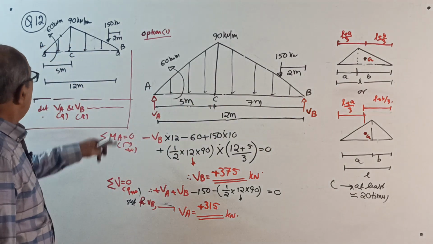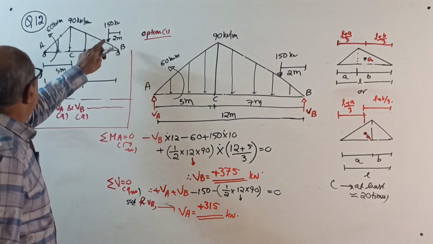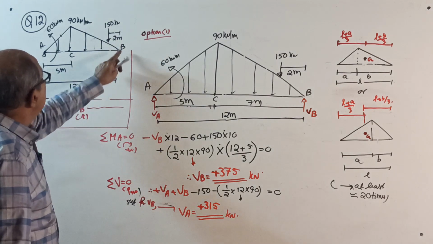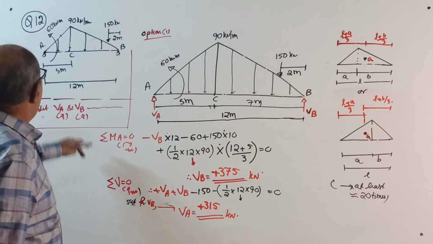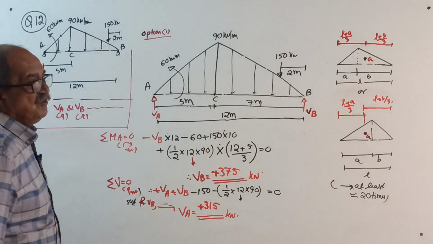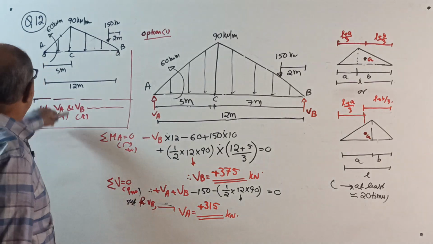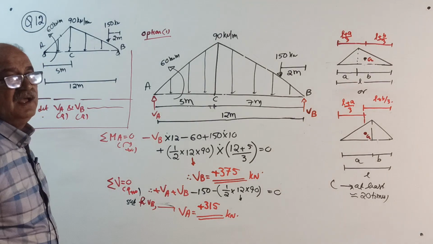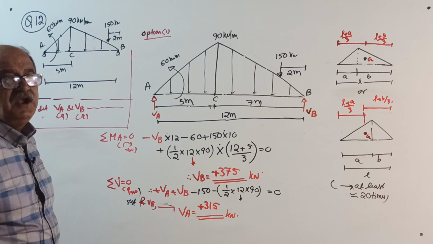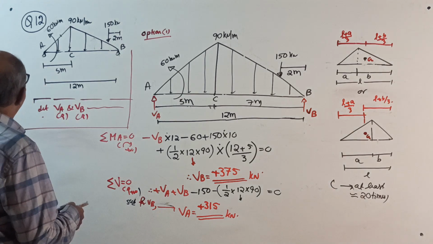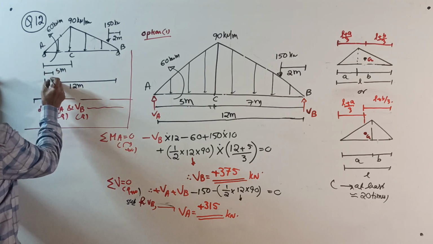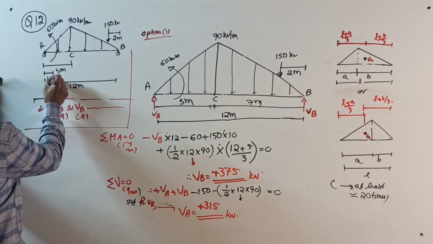Okay. Along with a concentrated load of 150 kN at 2 meter from right end and a counterclockwise couple of 60 kilonewton meter. Distance need not be given, but still 60 kilonewton meter, at 1.2 meter from left end.